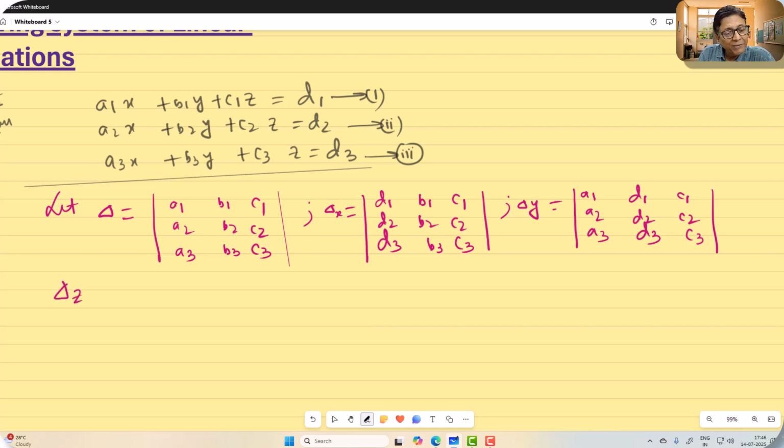And similarly, we will define delta z. Delta z means the third column will be replaced by d1, d2, d3, so a1, a2, a3, b1, b2, b3, d1, d2, d3.